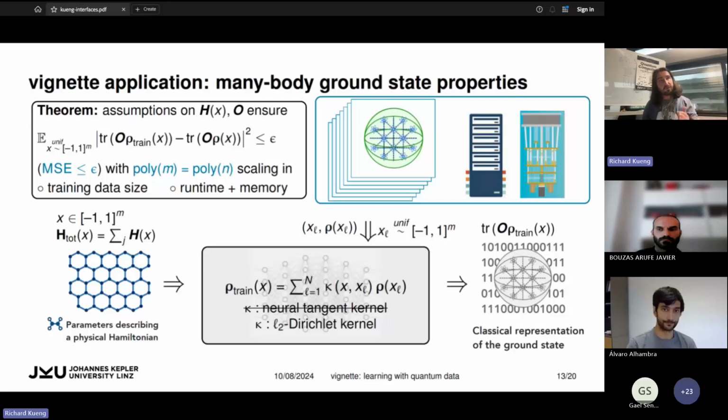And we could also prove that the resources required to achieve a small mean squared error scale polynomially in everything. So the number of training data points is polynomial in the number of qubits. The runtime of training is polynomial in the number of qubits. And the cost of executing the learn function is also polynomial.